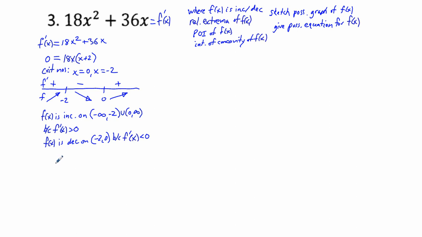Now the next thing we're going to do is take the second derivative. We already have the first derivative, so f double prime of x is the derivative of 18x squared plus 36x, which gives 36x plus 36.